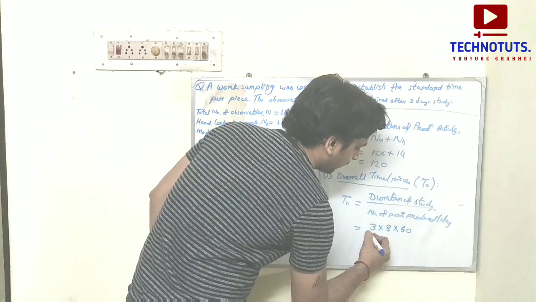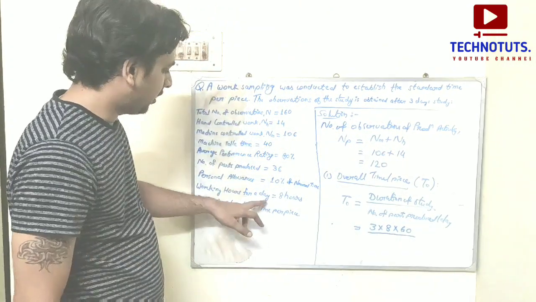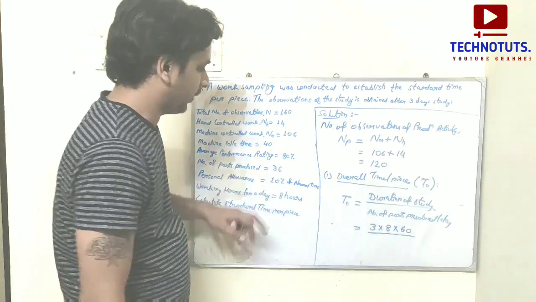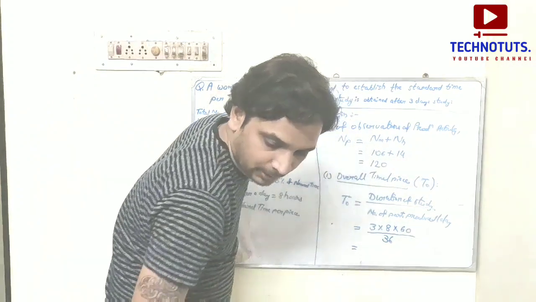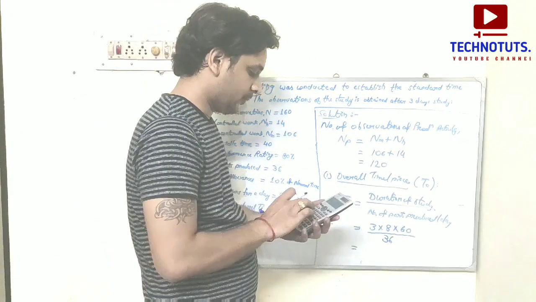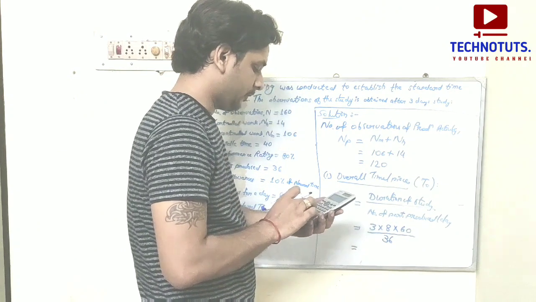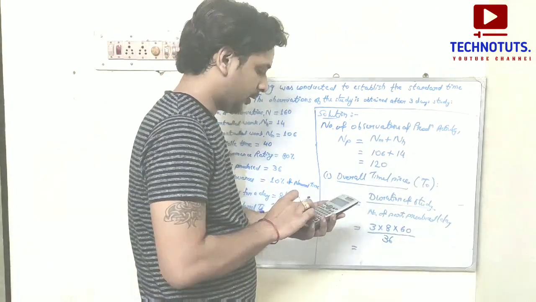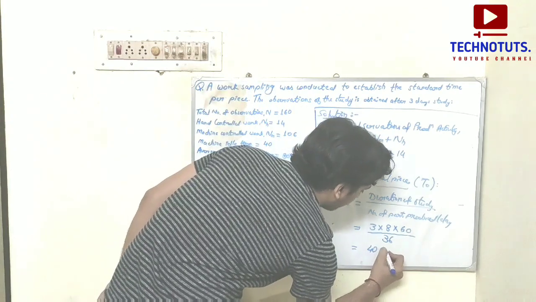Multiply it, and number of parts produced per day is given as 36. So let's put the value over here, 36. So what will be the answer? Let's calculate. 3 into 8 into 60 divided by 36, 40 minutes.